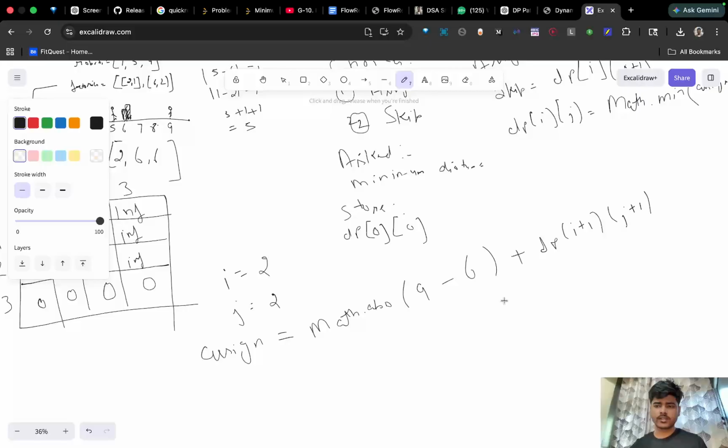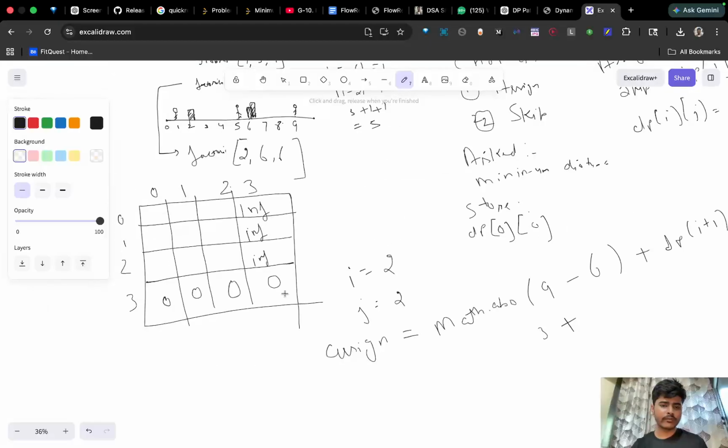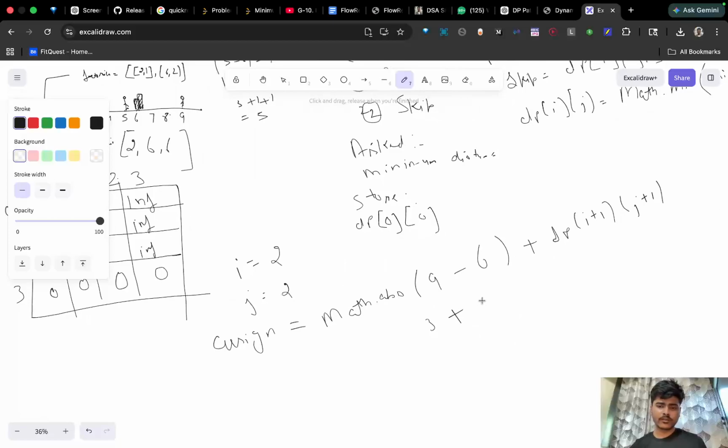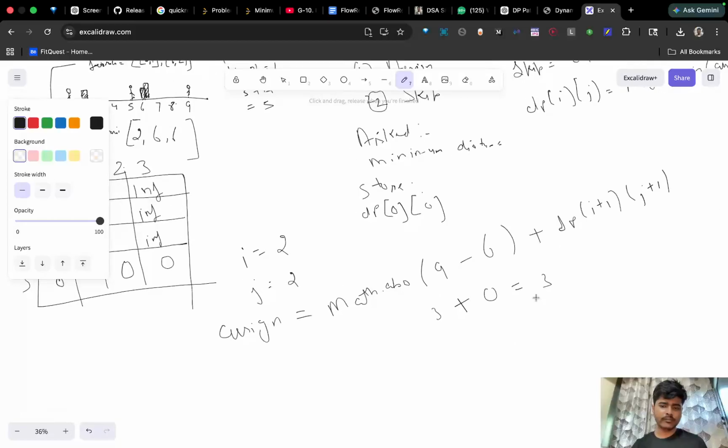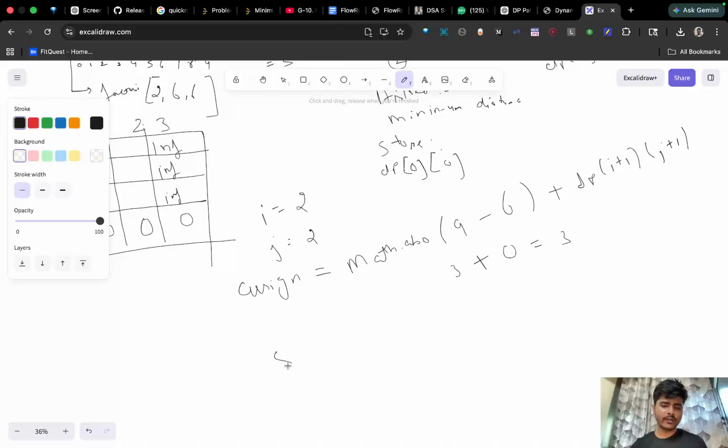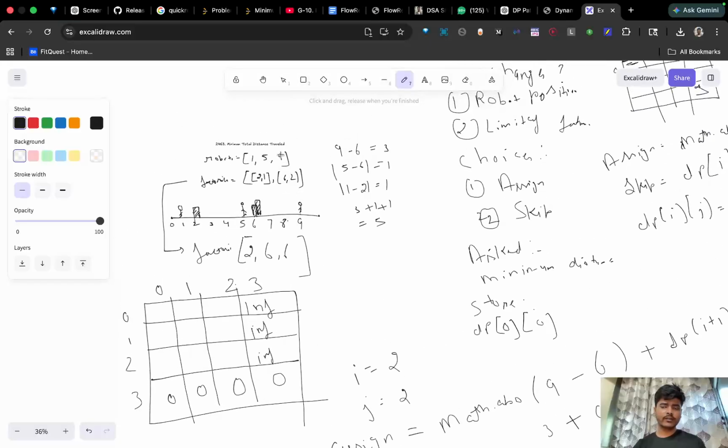So here the answer is 9 minus 6, 3, and dp of i plus 1, j plus 1 is dp of 3, 3, and for 3, 3, when there are no robots left and no factory left, the answer was 0. So assign becomes 0. And what will happen if I skip, that is, I'm not going to assign my robot at position 9 to the factory at position 6?